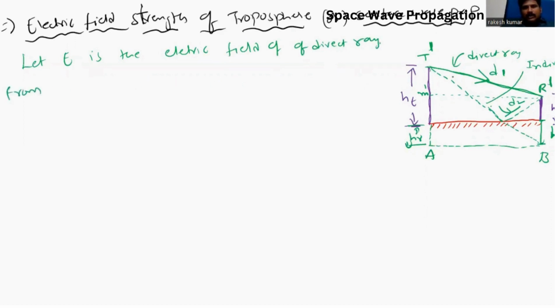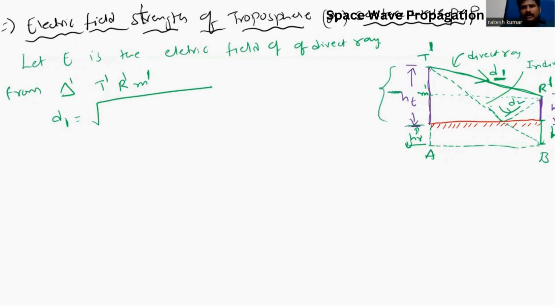This triangle, T dash, R dash, M dash. From triangle T dash, R dash, M dash, what is the expression for D1? This D1 is the hypotenuse. So D1 is equal to root of, what is the adjacent side? This total height is HT.